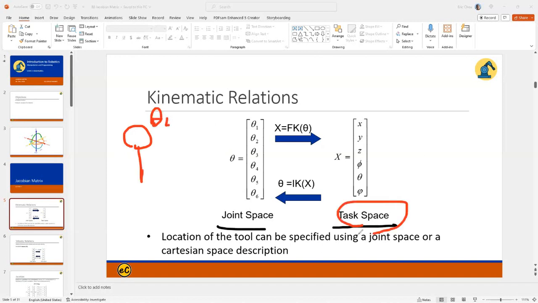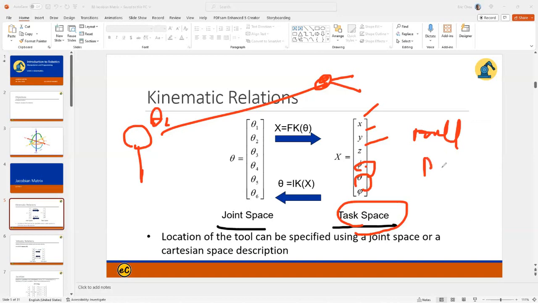Task space is your end effector, the final finger on the robot, which has XYZ translation and phi, theta, psi change. This is actually the roll, pitch and yaw change, and this is a six-dimensional change.